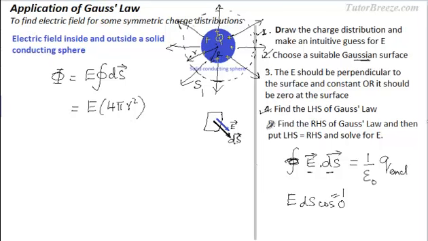The next step is to put this equal to the right hand side of Gauss's law, and the RHS is the Q enclosed over epsilon naught.